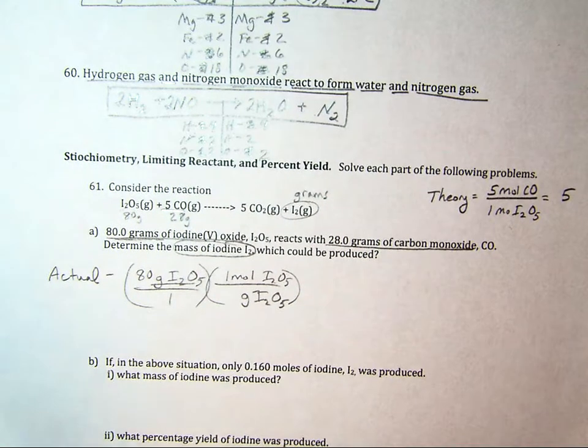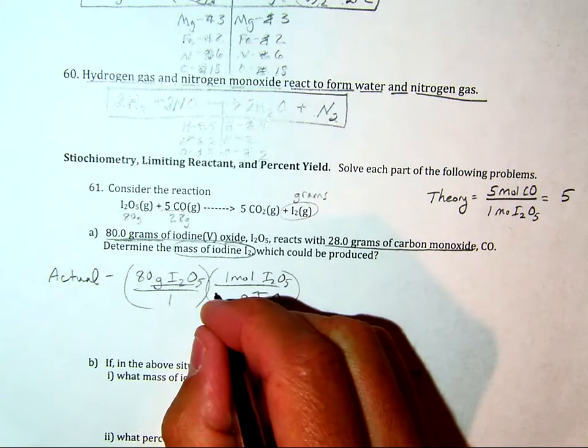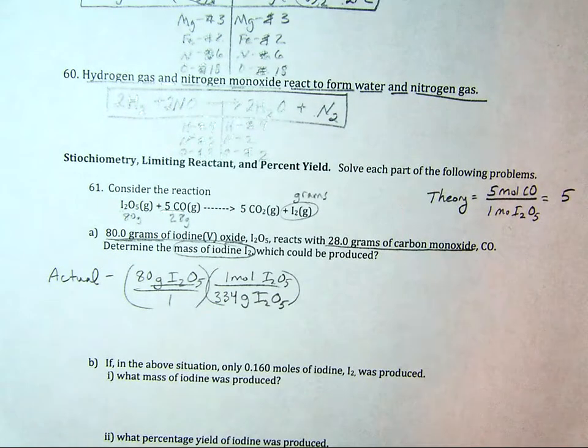Okay, excuse me, I was just grabbing a periodic table. So the molar mass of iodine is 127, and we've got 2 of them, so times it by 2 is 254. Plus we've got 5 oxygens, so 16 times 5. Add them together and I get 334. So that's a very large compound in terms of mass.